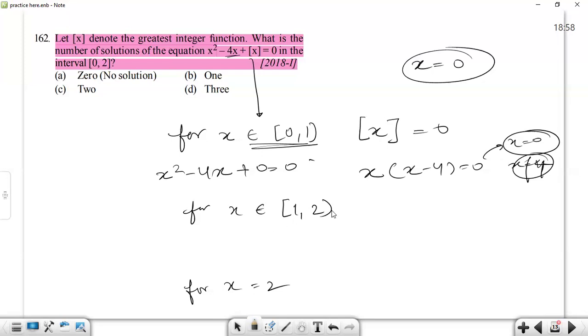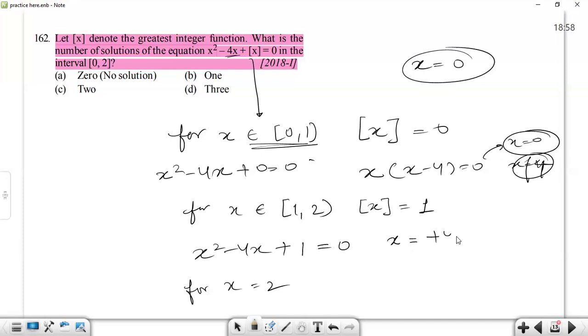Okay, let's discuss the next period. For this particular period, the greatest integer of x is going to become 1. So x square minus 4x plus 1 equals 0. The product of roots should be 1, and let's now find its roots using the Sridharacharya formula.